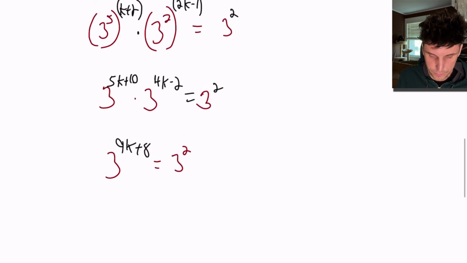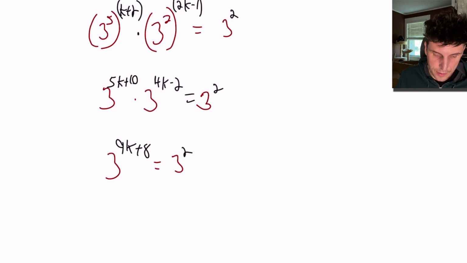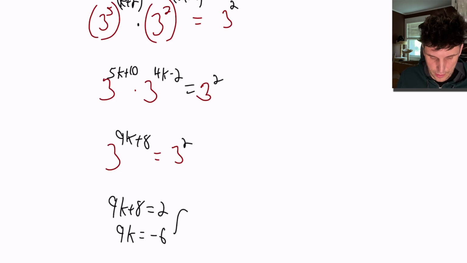Now we have a simple algebra equation, and that's just going to be 9k plus 8 equals 2, 9k equals negative 6, and then we know that means k equals negative 6 ninths, or negative 2 thirds.